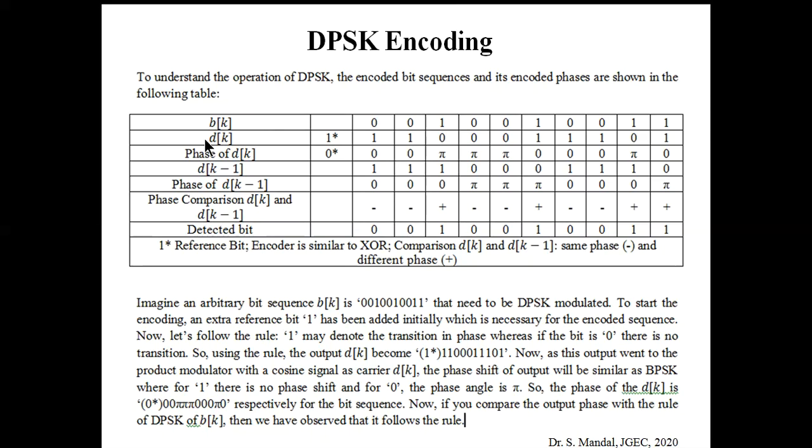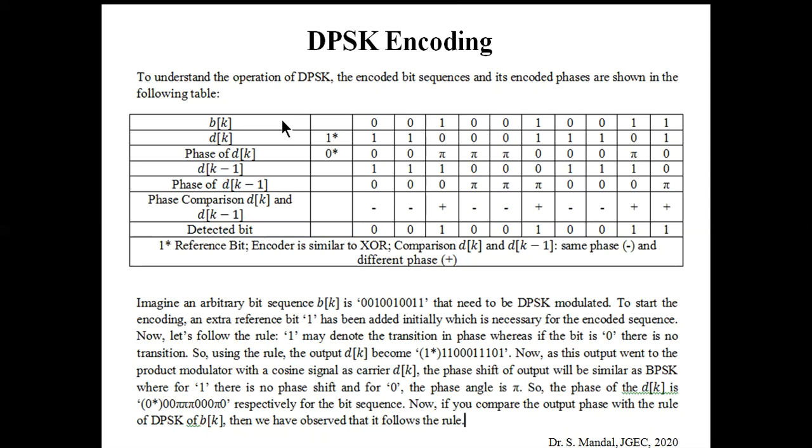Okay, that means that is nothing but dk. Okay, now whenever we want to create the differential phase shift key, that means we need to first generate a differential bit sequence. Okay, so whenever we try to write that corresponding differential bit sequence, we need to use a reference bit level.